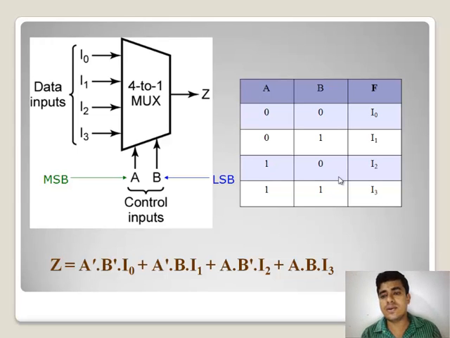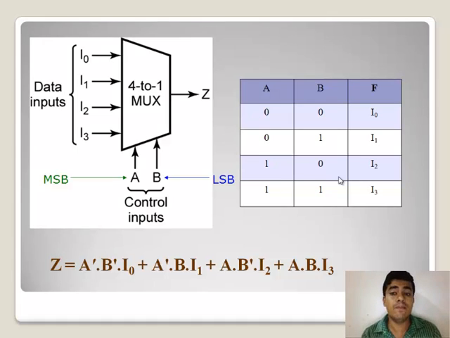Also we will see here one truth table. If A and B are both 0, then I0 is presented at Z as output. If A and B are 0 and 1, means A is low and B is high, then Z is equal to I1. If A is 1, B is 0, means A is high, B is low, then Z is equal to I2.